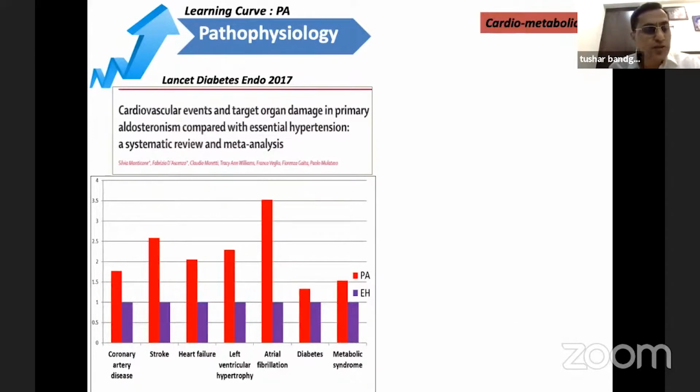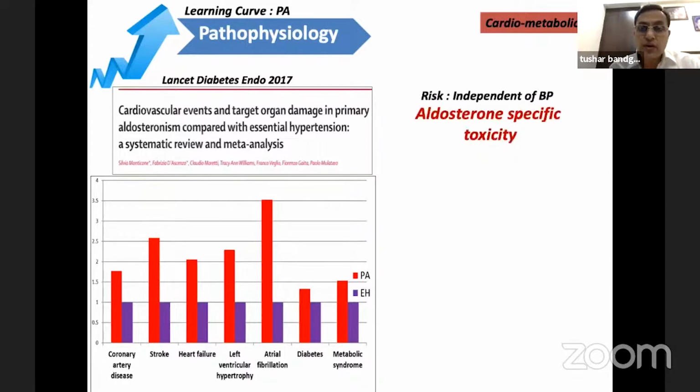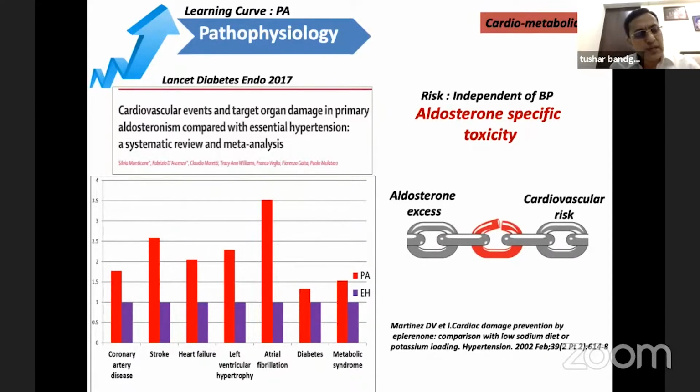It has been very clearly shown that if you compare patients with essential hypertension versus those with PA, and look at cardiovascular events and target organ damage, PA has more of these events compared to essential hypertension, independent of BP control. With the same BP, they will have more problems, and this is aldosterone-specific toxicity. And mind you, high aldosterone alone is not really doing much damage.